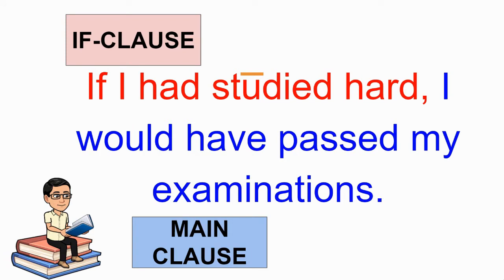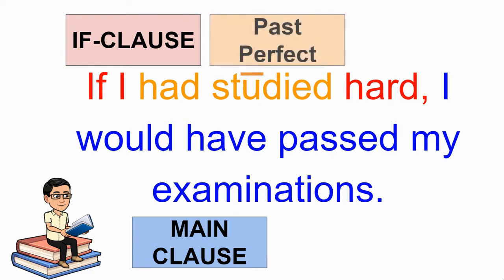In our example sentence, can you identify the verb in the if clause? Very good. The verb in the if clause is had studied. And the verb had studied is in the past perfect.